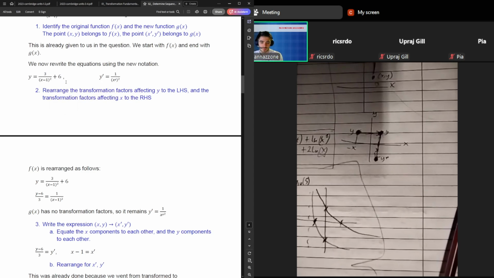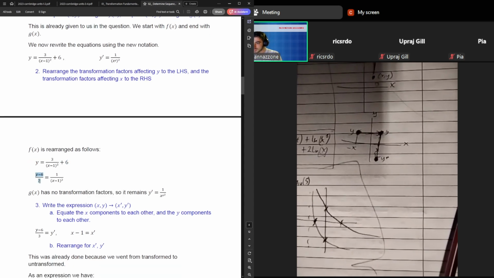If you remember from the previous notes, this plus 6 is a vertical translation by 6, and this multiplication of 3 is a dilation along the y of 3, or from the x. Both of those are y transformations, and so we're going to put them to the other side by subtracting 6 and dividing by 3. What's left over is purely just x stuff and, well, the framework of a truncus.